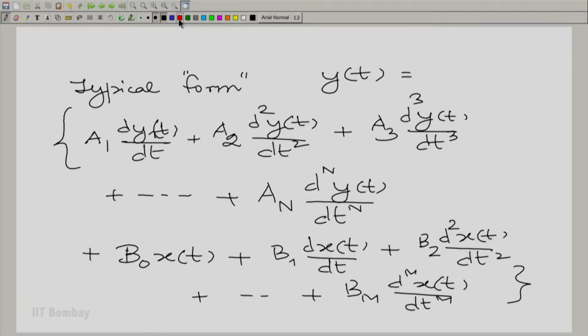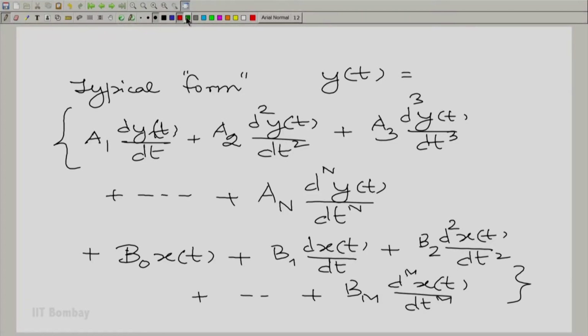In fact, this form occurs very frequently in realistic systems, whether they be electrical systems or mechanical systems or hydraulic systems or abstract systems. So, of course, we call these differential equations, but these are differential equations of a special kind. Let us identify what that kind is.